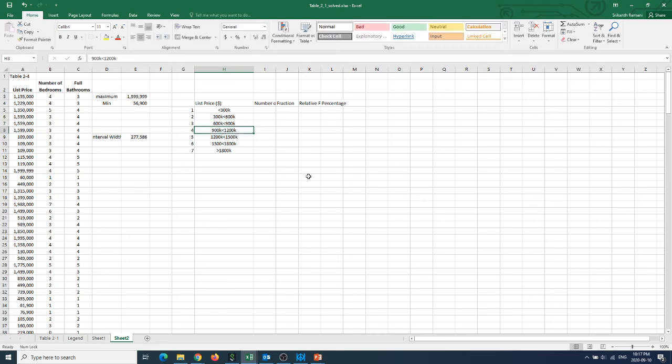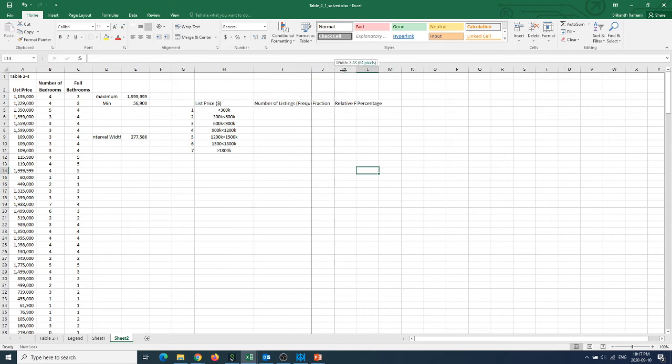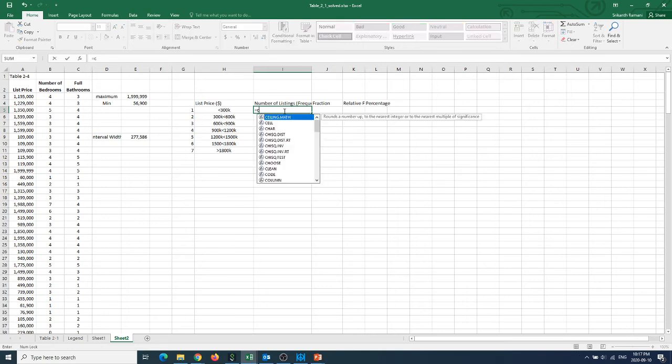Okay, so once you have these, you could do the same exercise which we did before, and get the frequencies and relative frequencies. For the frequencies, you could use the COUNTIF function.